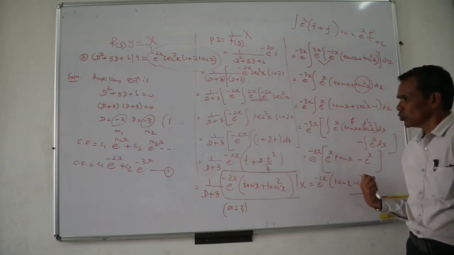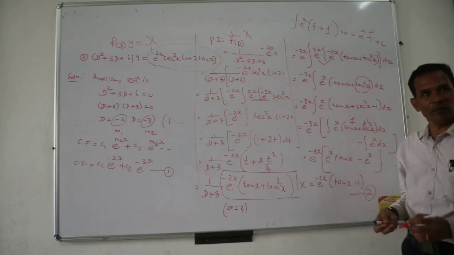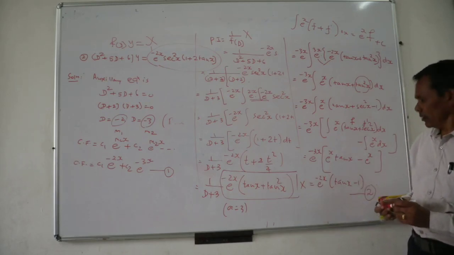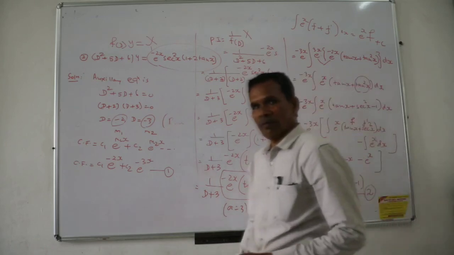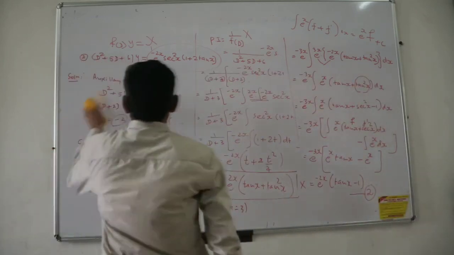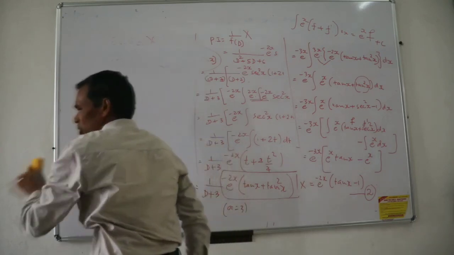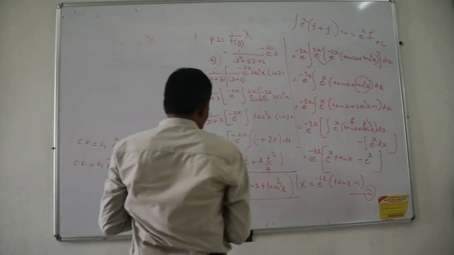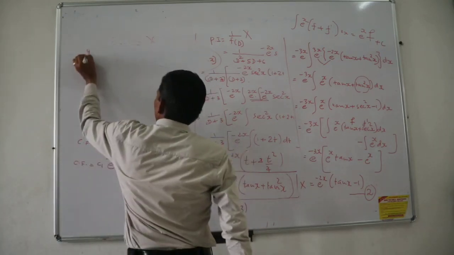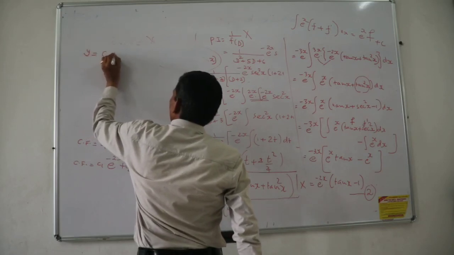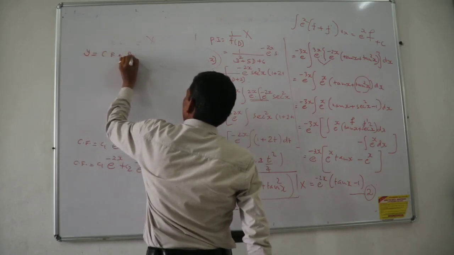So we add expression 1 and expression 2 together and get the final answer. As usual for a linear differential equation, the final answer would be y is equal to complementary function plus particular integral. It is this.